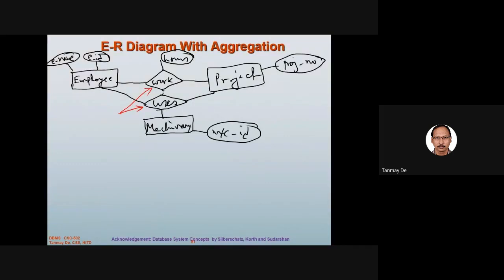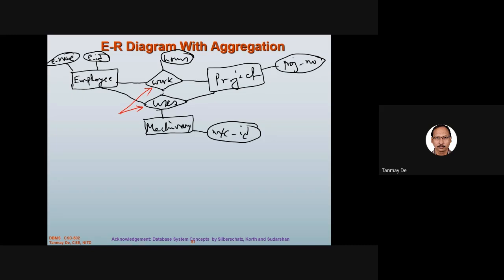Such employees are not associated with the uses relationship set. Is it clear? So here some redundancy is there. What is the redundancy? All the uses relationships are present in works on, but not all the works on relationships are present in uses.